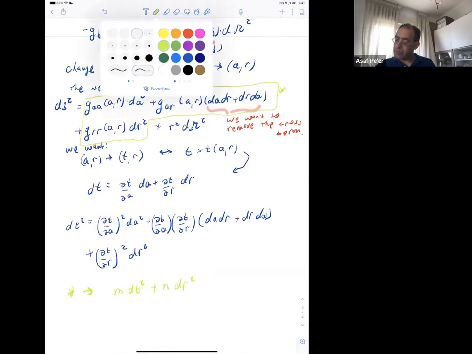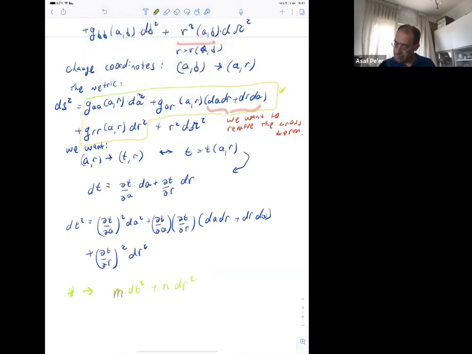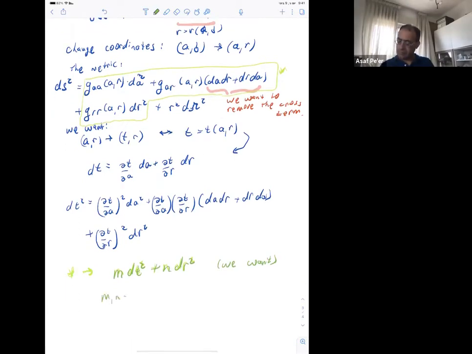That's what we really want. If I manage to do that, then we can get rid of these cross terms. And m and n are some functions, which we will determine.